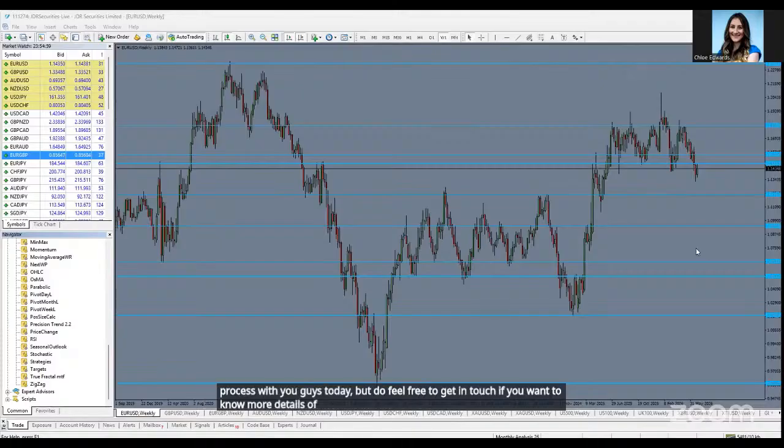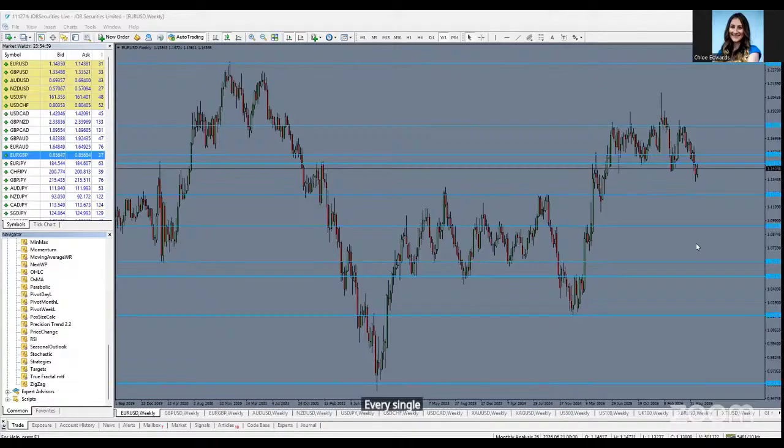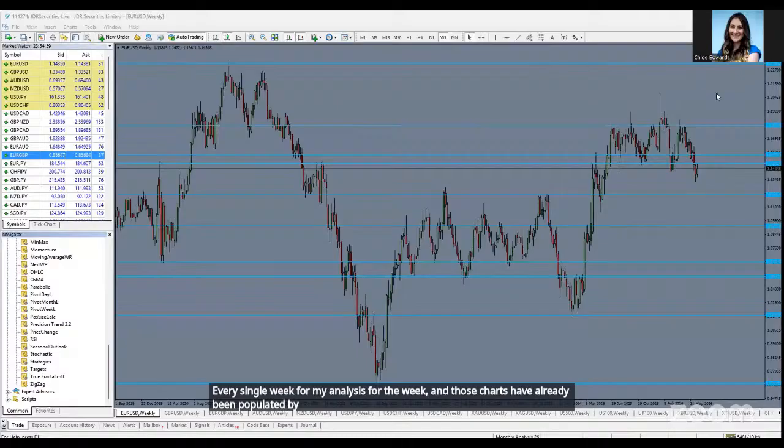So what you will see on my charts are the charts that I use every single week for my analysis. Those charts have already been populated by hand by myself with the specific horizontal levels that I use in my trading, which you see here in blue.